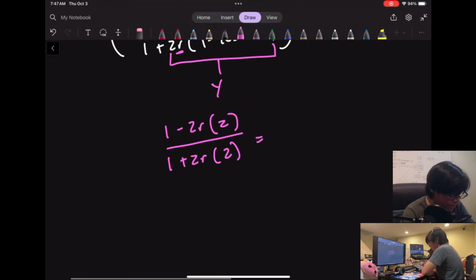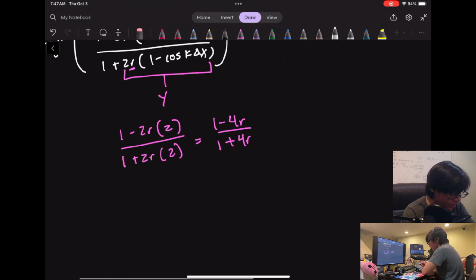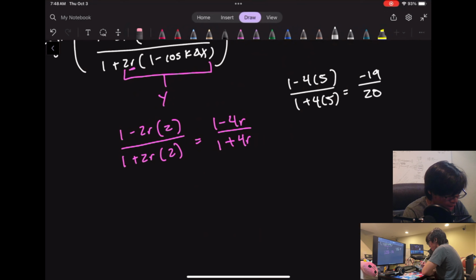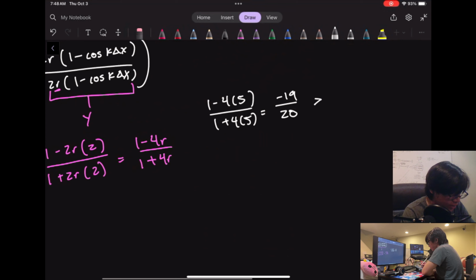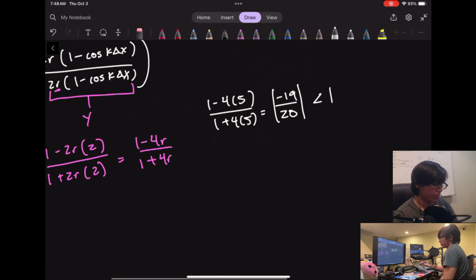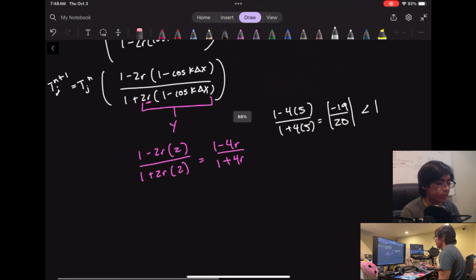Obviously, if r is a positive value, this thing cannot blow up to something greater than 1. You'll have negatives here, like if I plug in 5, so 1 minus 4 times 5, that's 20, and 1 plus 4 times 5, also 20, so we have 1 minus 20, which is negative 19 over 1 plus 20. You still have a negative value, but after you take the absolute value, this is still less than 1. So you will never have a value greater than 1 with our Crank-Nicolson here.